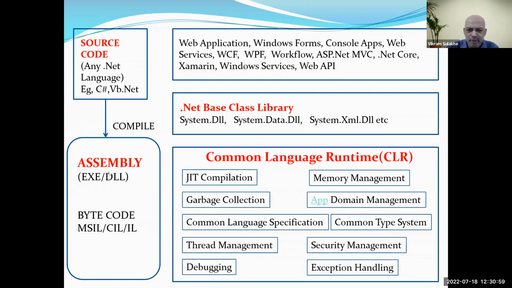And now this assembly is on my machine. I want to run it on your machine. So I would like to copy it to your machine and have the assembly running there. So what would I require on your machine for my code to run is my question to you.